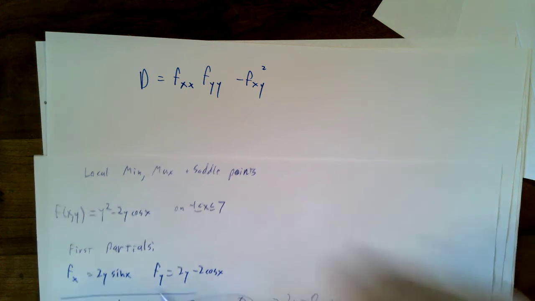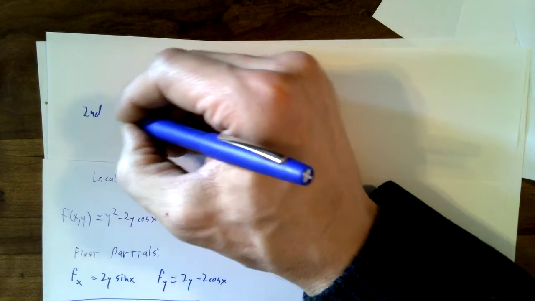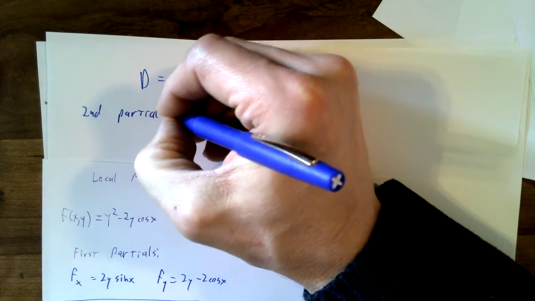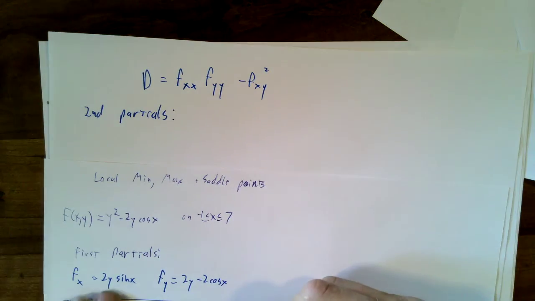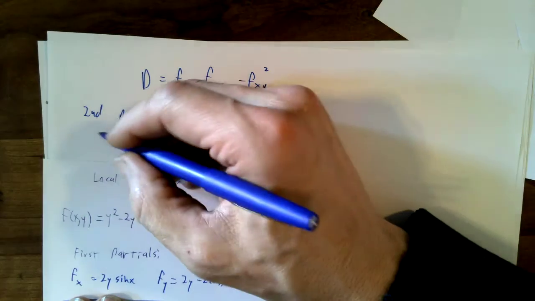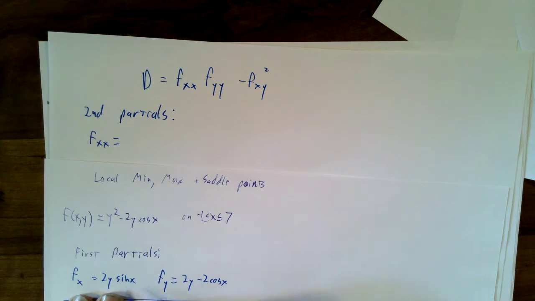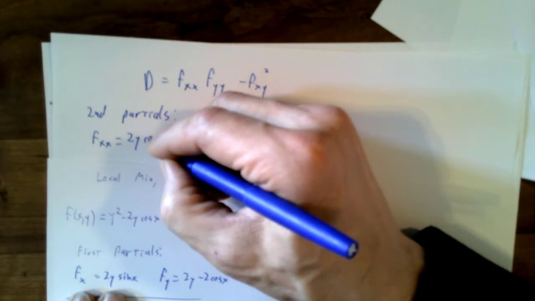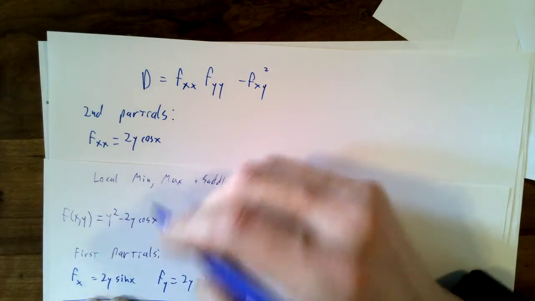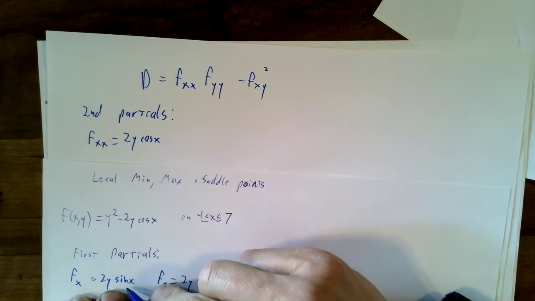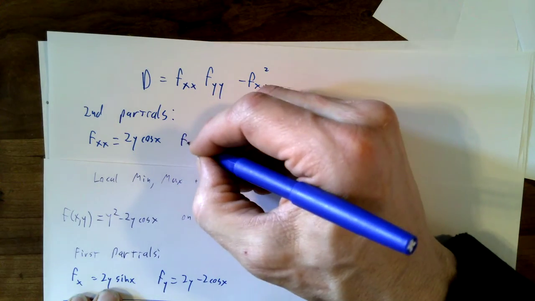So I need to get second partials. Here's my first partial with respect to x. If I take another derivative with respect to x on this, I'm just getting 2y cosine x. If I take the derivative of this with respect to y, I'm just getting 2 sine x.